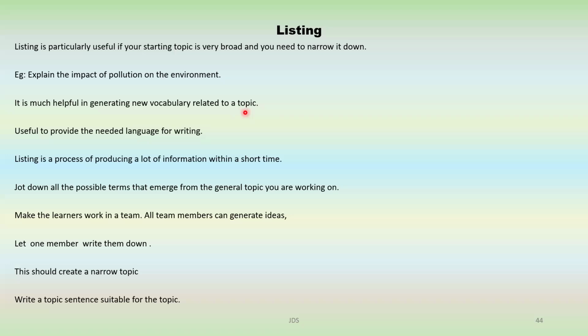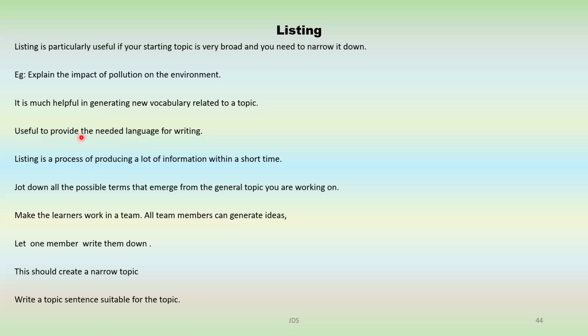You can make them come out with any kind of word choice related to that topic and list down those word choices, list down those ideas, so that building up a paragraph or an essay will be very much to the point. That is the usage, or that is why listing becomes important.